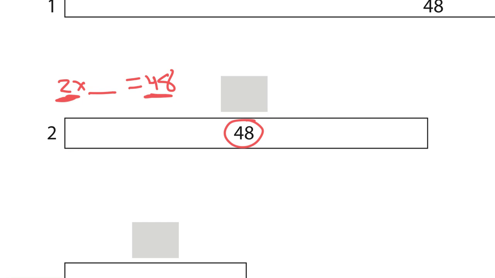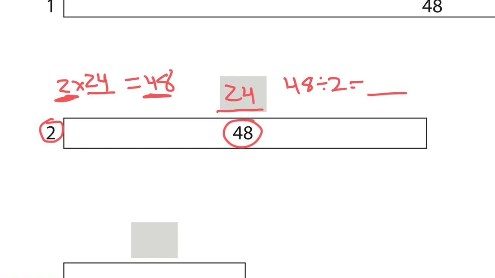Well, half of 48 is 24. And you could flip that question around and say 48 divided by the number that we do know is the missing number. Okay, so if I wanted to divide 48 into 2 equal pieces, it would be 24. That's what I would write in the box.